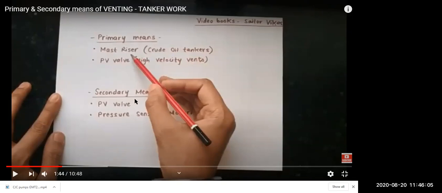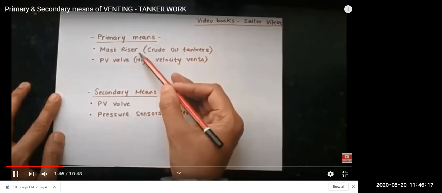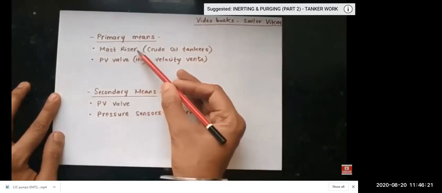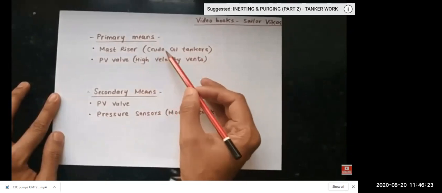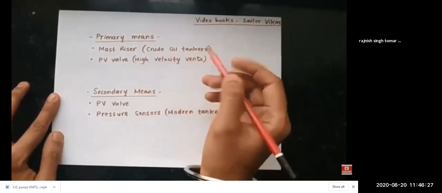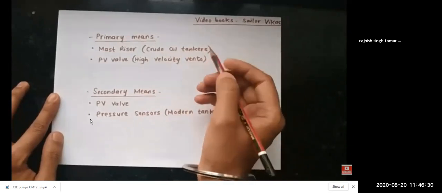Then secondary means also can be a PV valve. If you have two valves in any tank, then second PV valve is your secondary means. Otherwise, the pressure sensors in the CCR are the secondary means of venting, because you will see the pressure, and as per that, you will open the mast riser or the PV valve. So primary means is mast riser and PV valve, secondary means is PV valve and pressure sensors.